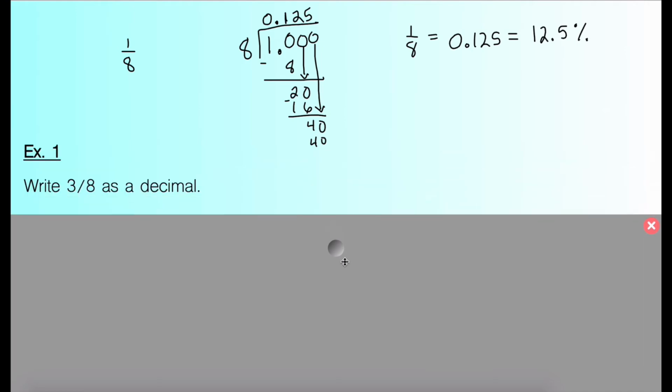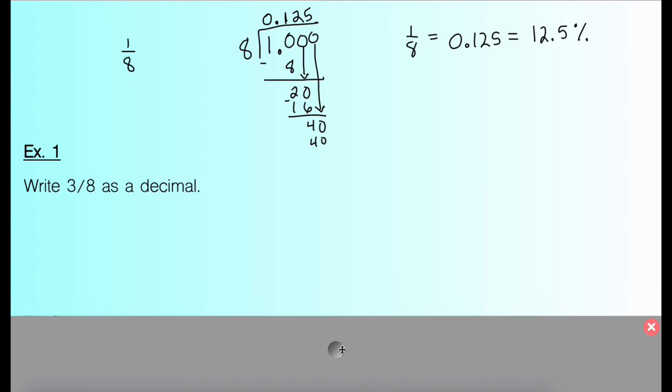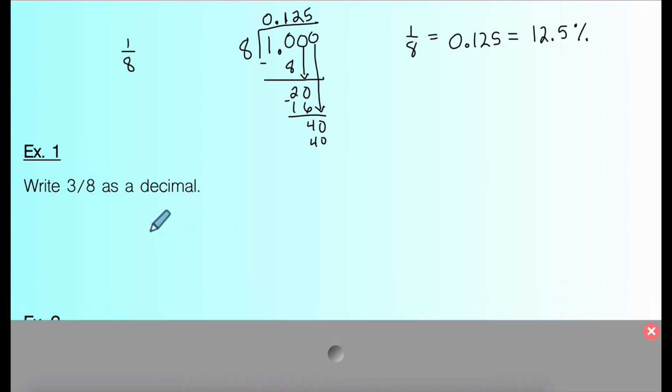Let's go with, we'll do this one, 3/8. So if I want to go to a decimal, it's numerator divided by denominator, 3 divided by 8. And 8 can go into 3 0 times, so I need to add a decimal and a 0. 8 can go into 30 3 times. 8 times 3 is 24.